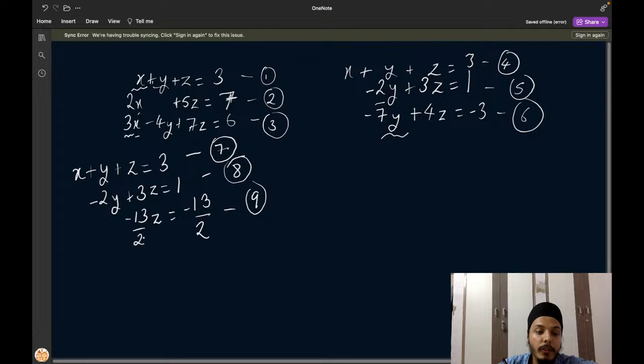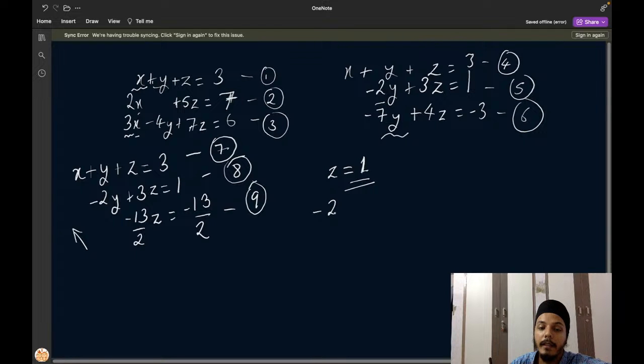Now we will solve this set of equations using the bottom up approach. So we solve from the bottom to top. So by solving the equation 9, what we get is z equals to 1. Now what we will do is we will put z equals to 1 into equation 8.